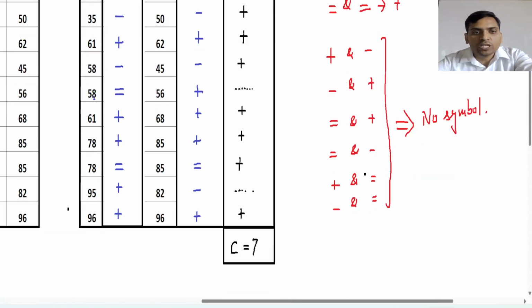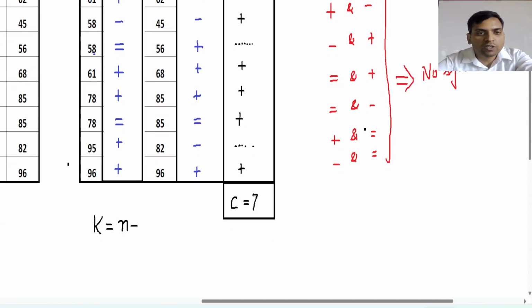So deviation is denoted by K and total observations are N. In this case, there are 11 observations and you are excluding the first because of no deviation. That's why this is N minus 1. So K, the number of deviations, is equal to what?